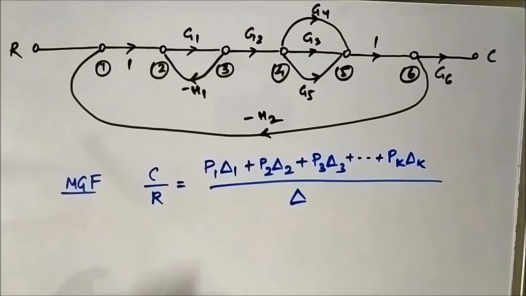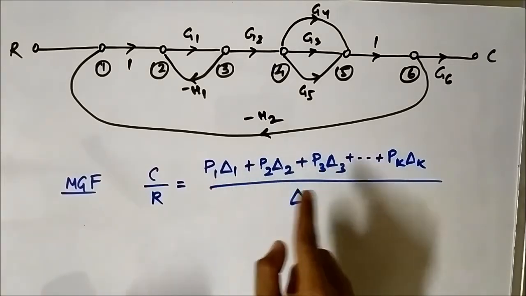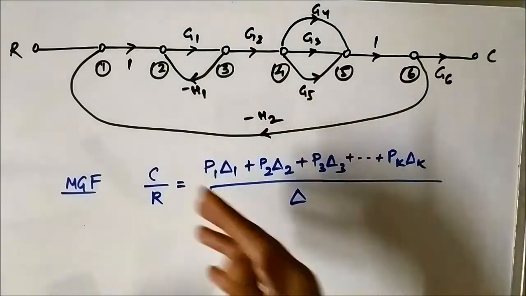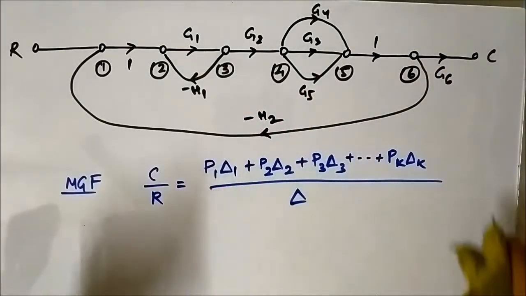First we have to determine the forward path gains P1, P2, P3, depending on the number of forward paths. Then we determine the path factors and then the graph determinant.